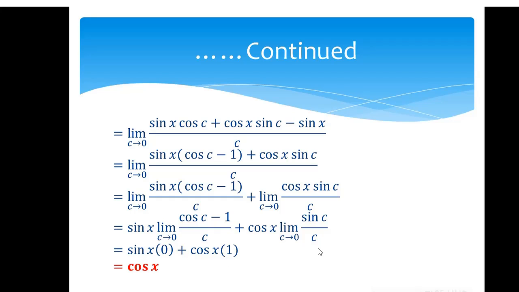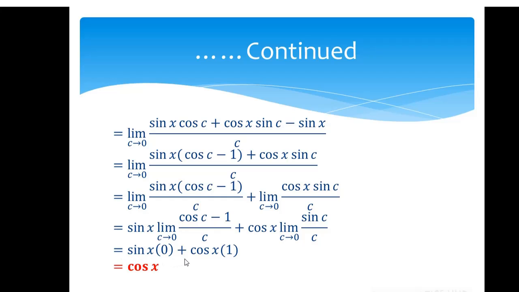And the standard result for the limit as c goes to 0 of sine c over c is 1. So instead of this function here, I will put 1, and instead of the function cos c minus 1 over c, I will put 0. So in the end, I will have sine x times 0 plus cos x times 1. And then my final answer is just cos x. So the derivative of sine x is cos x.